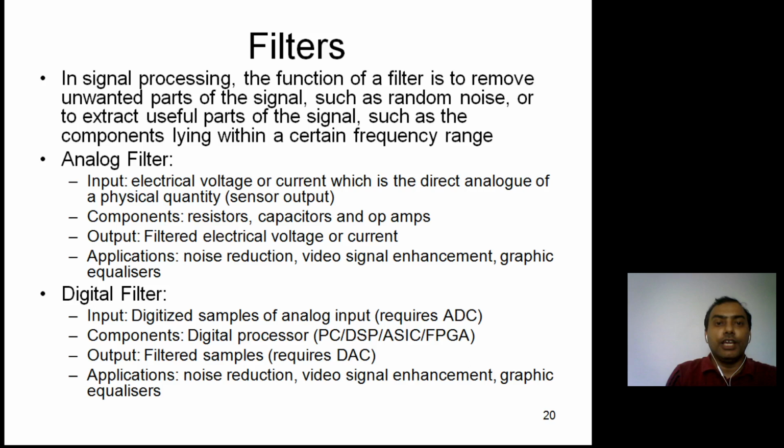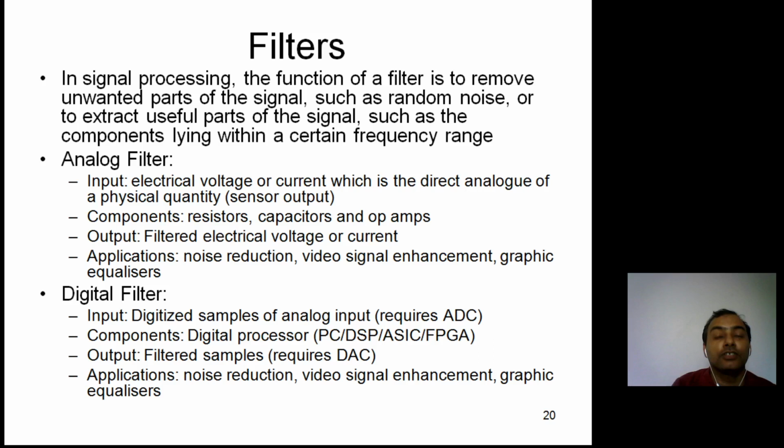For example, in the last slides we studied analog signal processing, with sensors. The components are resistors, transistors, capacitors and so on. The output is a filtered electrical voltage or current.